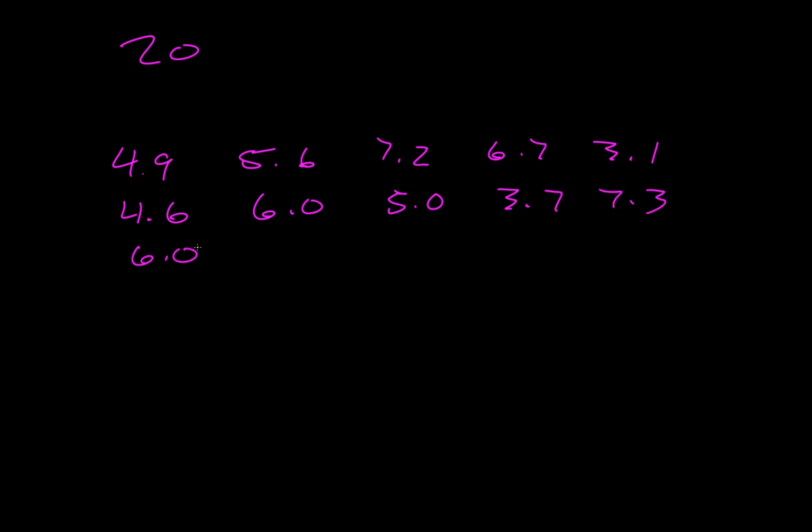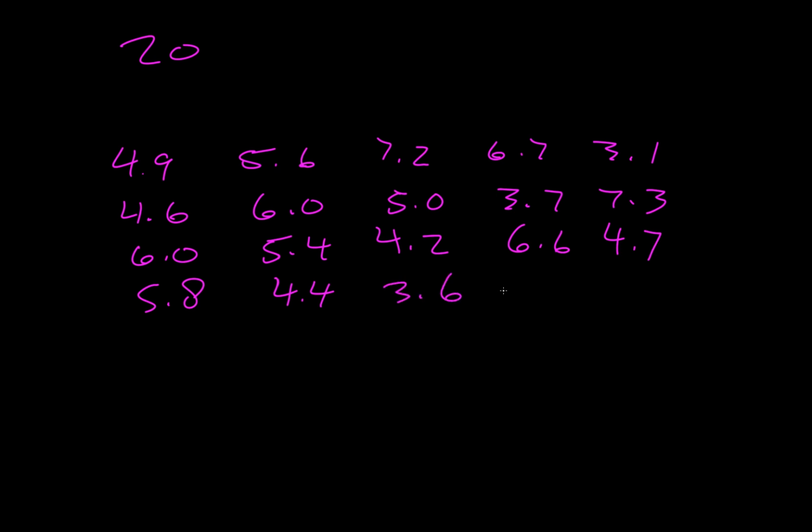It's formatted slightly different in your book. And one more row, 5.8, 4.4, 3.6, 4.2, 5.4. So once again, those are the lengths of lobsters measured in centimeters.